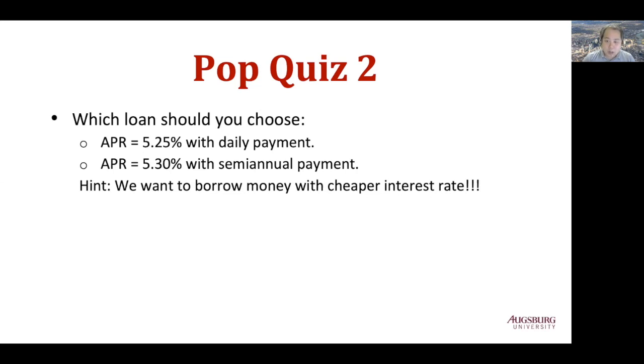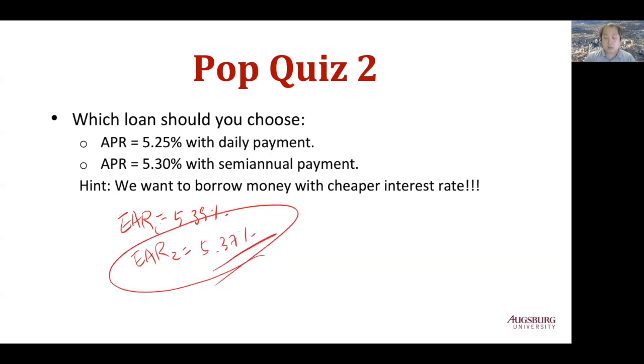Okay, so for the first loan, we know that EAR1 equals 5.39%. EAR2 equals 5.37%. If it is a loan, then we want a cheaper rate. So pick the second one. All right, so that's the end of the third part. See you in the final part.